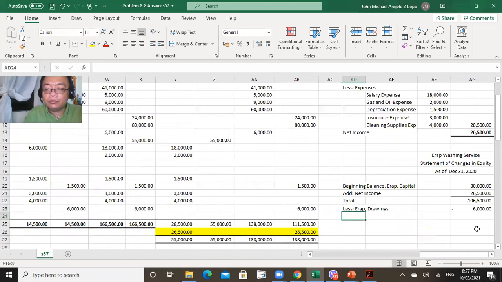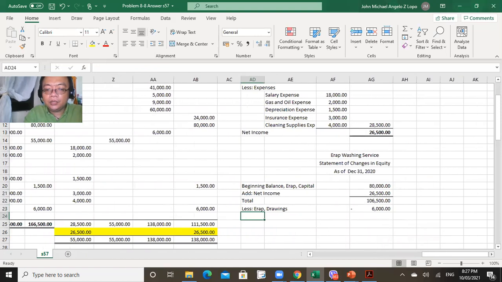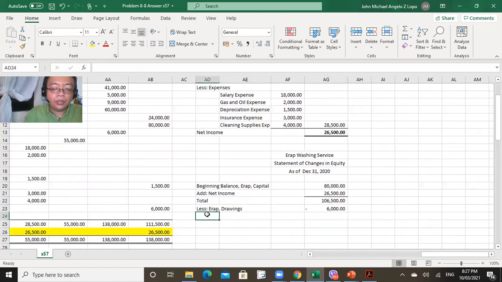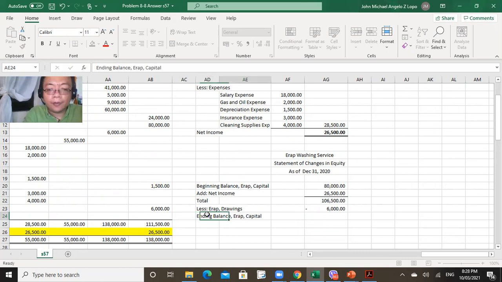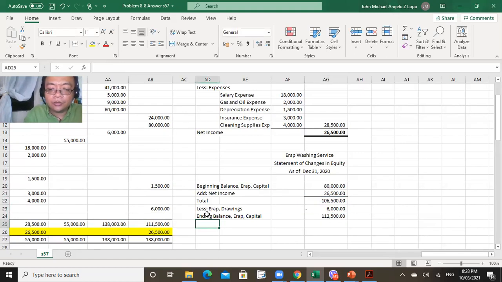So how much now would be your ending balance? So you have your ending balance, ERAP capital. All right, so meaning ERAP capital now is not anymore 80,000 but 100,000.